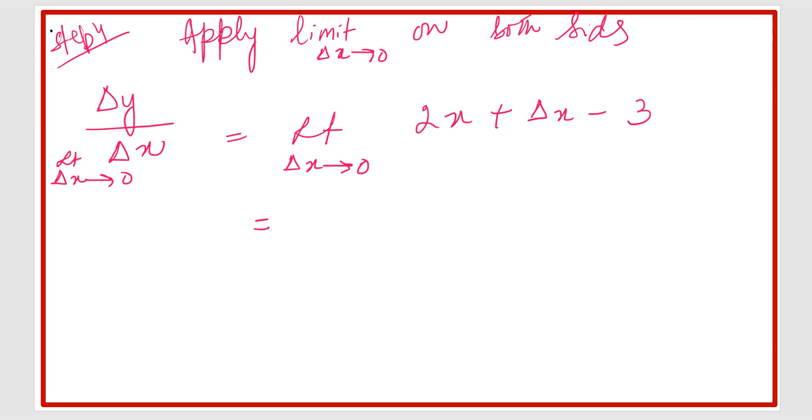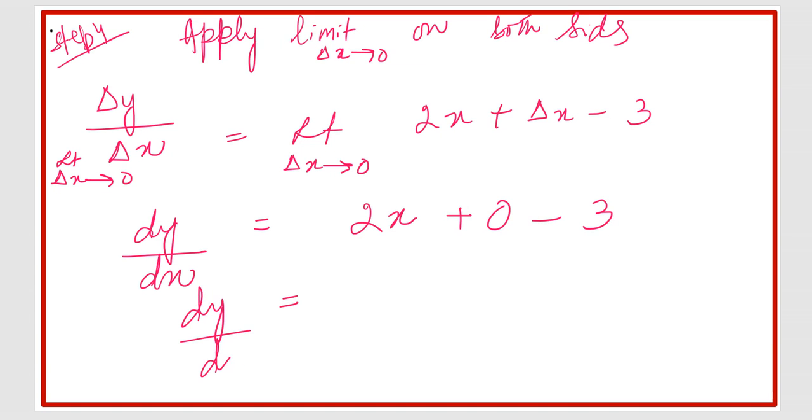When we apply delta x tends to 0 on delta y over delta x, it will be dy by dx. Wherever you see delta x, put 0. This is 2x, there is no delta, it will remain the same, plus 0 minus 3. So our dy by dx is equal to 2x minus 3, and this is the derivative of our function by definition.